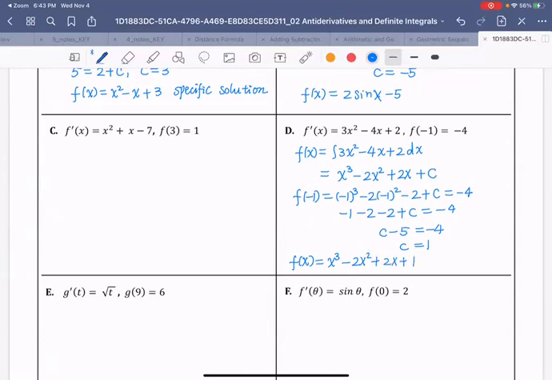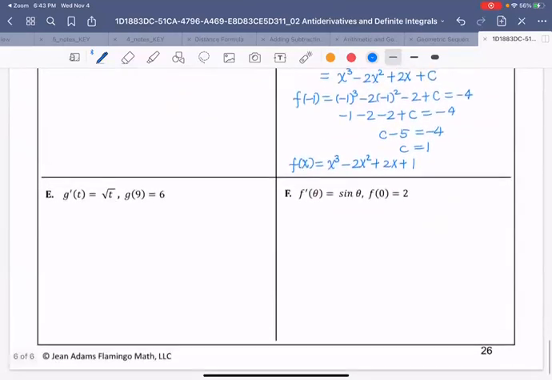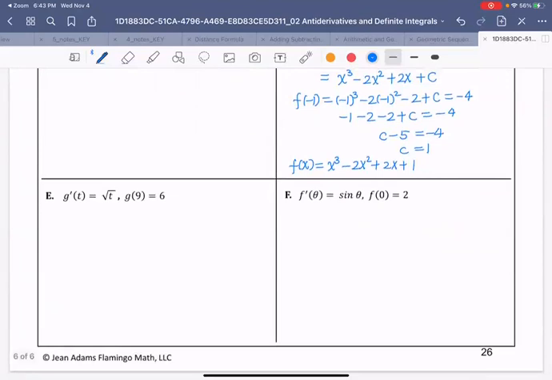Okay. Now let's do an example of this one. g of t equals the antiderivative of the square root of t with respect to t. So let's rewrite this in exponential format. What do you get?